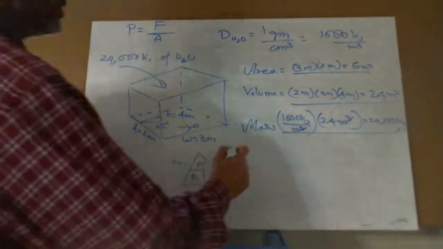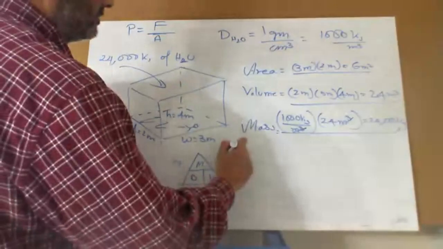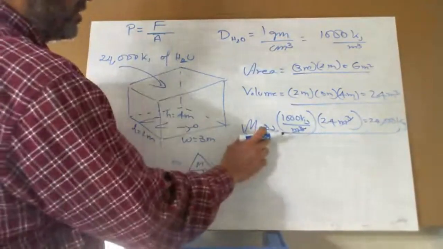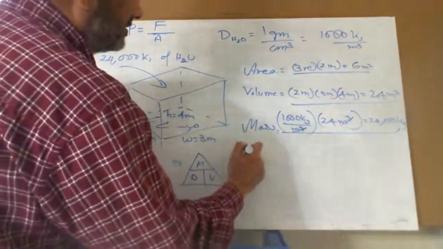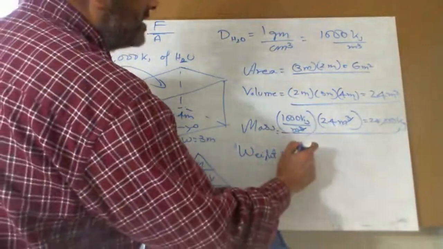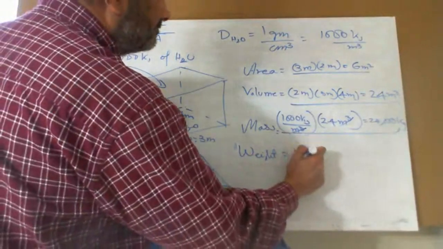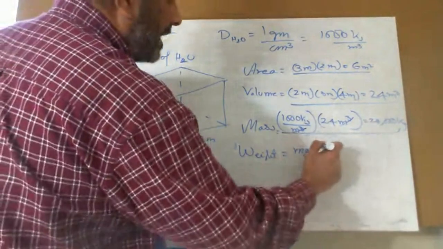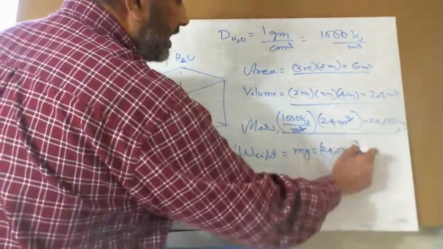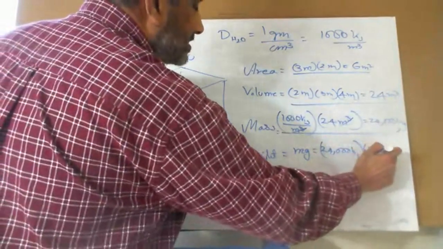So the pressure, let's find the force. The force is the weight. So the weight is mass times gravity. The mass here is 24,000 kilograms, and gravity is 9.8, but I'll take it as 10 meters per second squared.